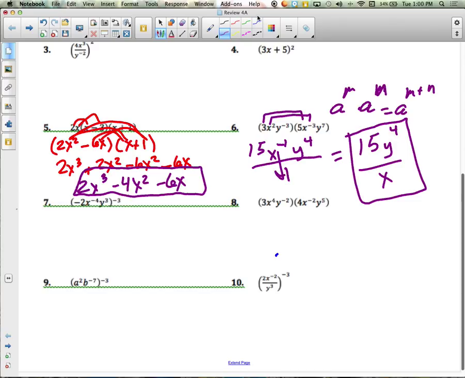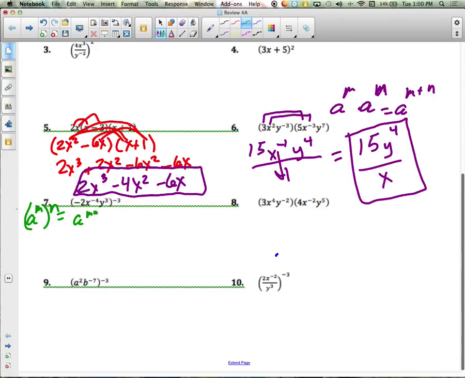All right, the next problem we have is negative 2 x to the negative 4 y to the third, all raised to negative 3. Again, I see that parenthesis and an exponent, so I have to think about this rule, which is a to the m raised to the n power is a to the m times n. So you just multiply the exponents.